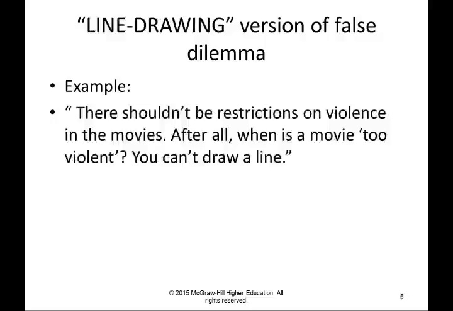Another version of the false dilemma is called the line drawing version. The line drawing version basically says something like this: you can't really tell me where the line is between A and B, so there's no difference.